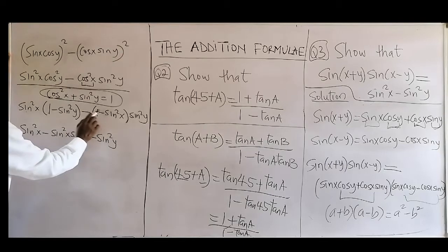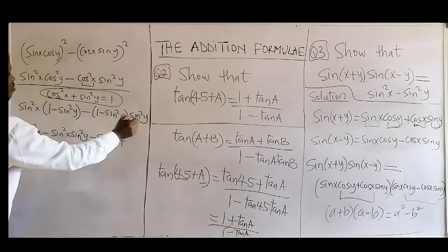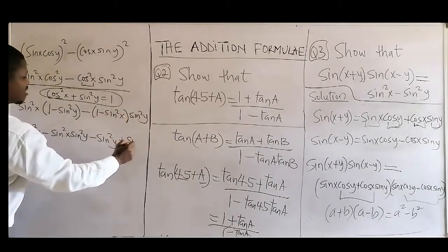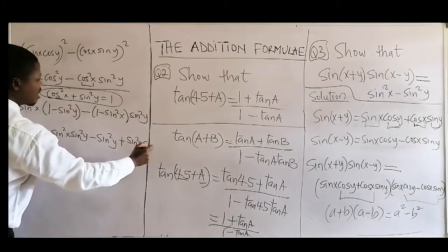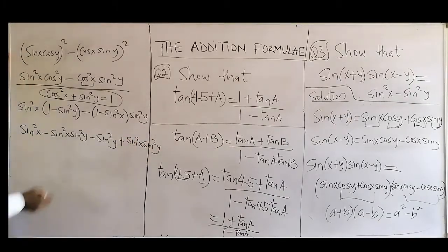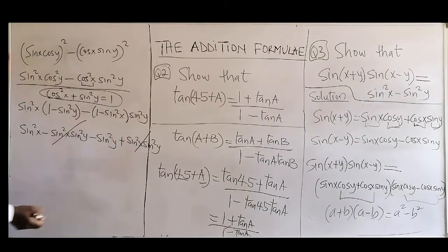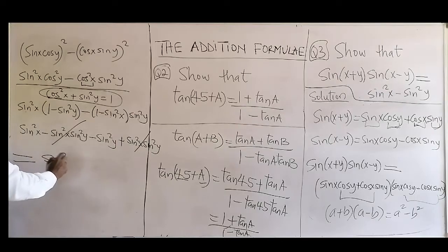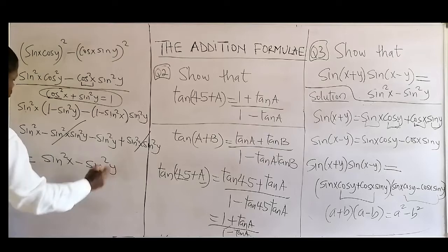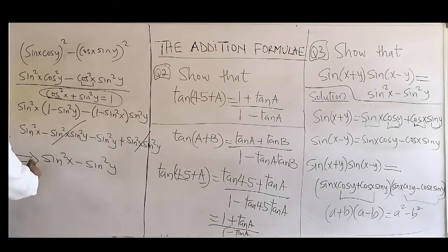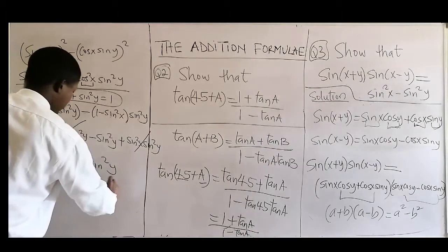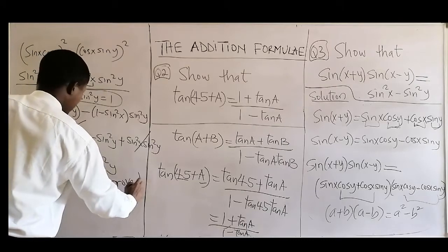Okay, minus times minus plus, and this one times this one sine squared x sine squared y. Okay, which is minus here, negative here, plus here. So that one cancels out, and we're able to show that sine squared x minus sine squared y. So that one is shown. We have proved it.